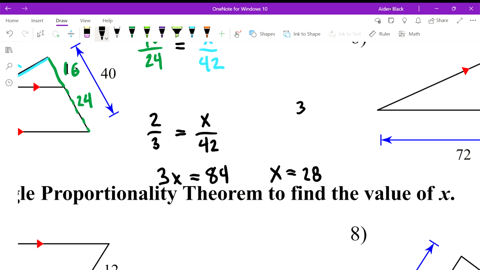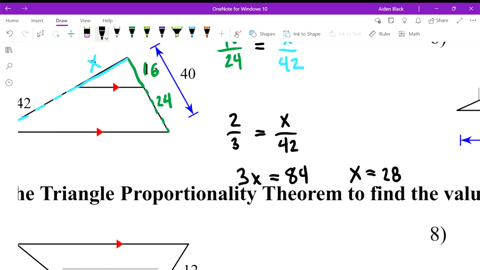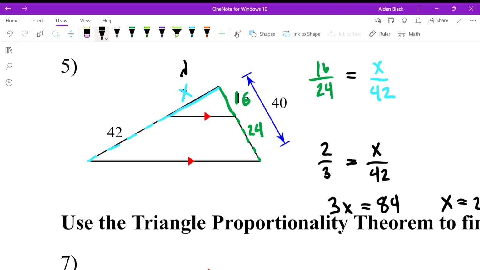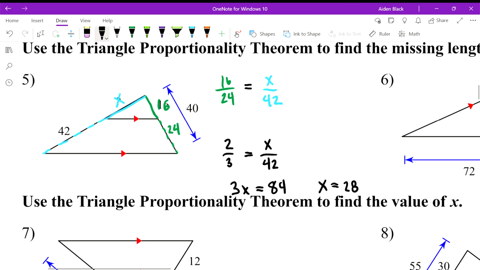Just double check that: 3 times 28 is 84. Checks out. x equals 28. So this value here would be 28. That's all we're doing.